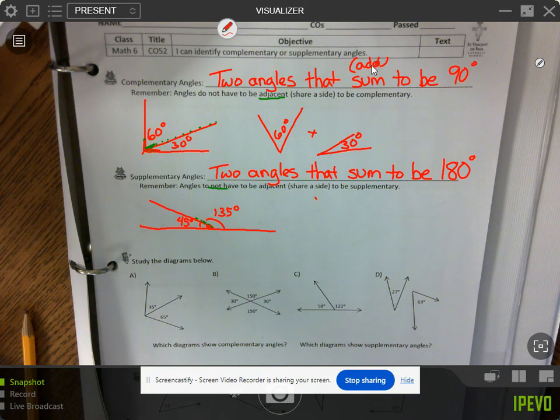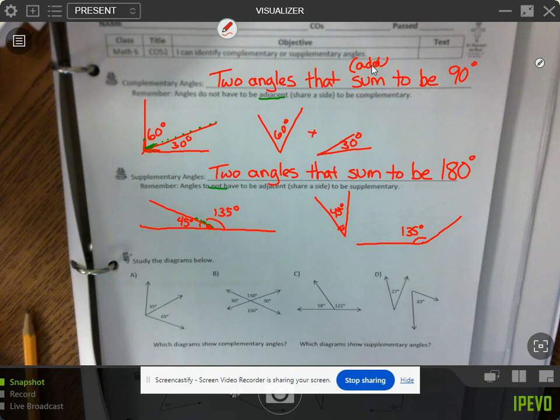We could have the 45-degree angle up here, and the 135-degree angle over here. They don't have to be touching, but we can say they are supplementary, right? They don't have to share a line.